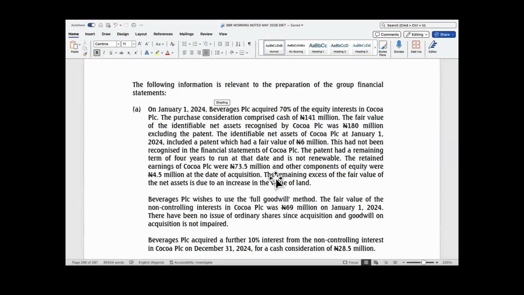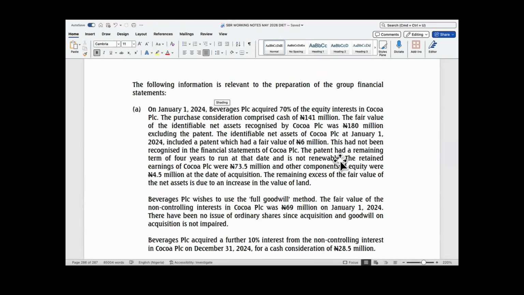Additionally, I was given pre-acquisition retained earnings of the subsidiary at 73.5 million and also pre-acquisition other component of equity. Other component of equity, if you have not had that before, which I expect that you would, are other items that are in your OCI, which you will take to equity.